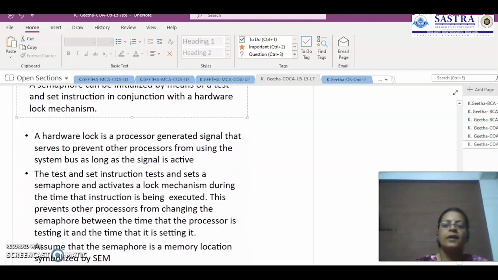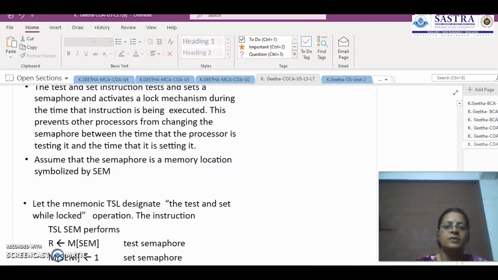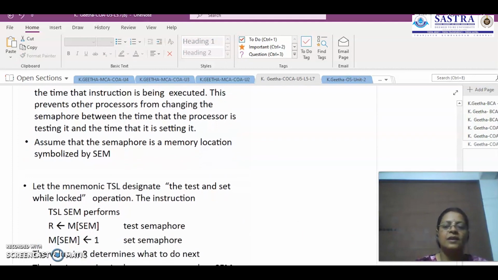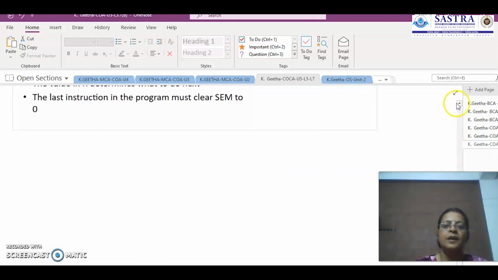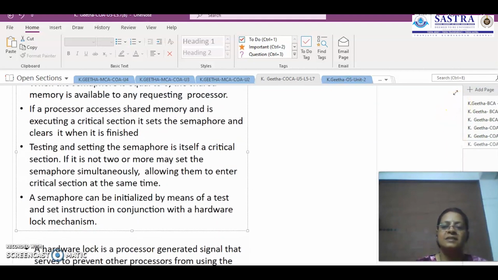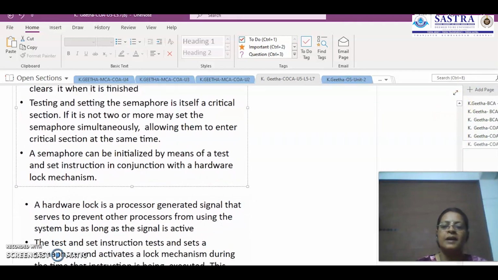A hardware lock can also be provided, and this will generate a signal which will prevent other processors from using the system bus as long as the signal is active. We also have semaphores by means of the test and set lock instruction. There is an important hardware mechanism referred to as test set lock, that is nothing but TSL.